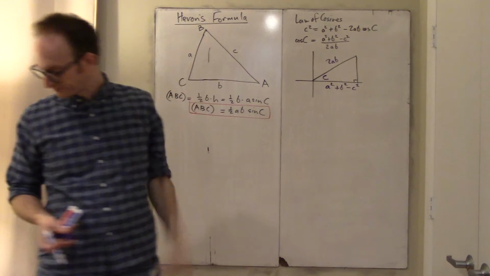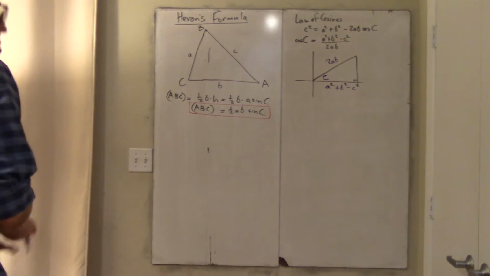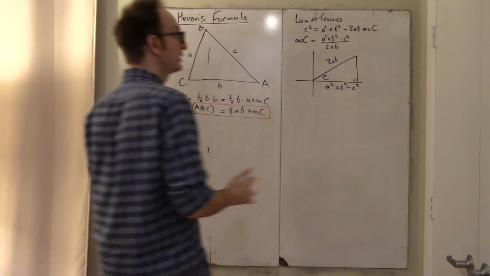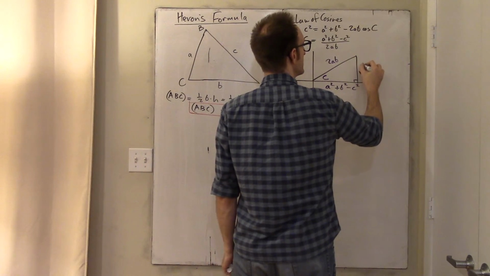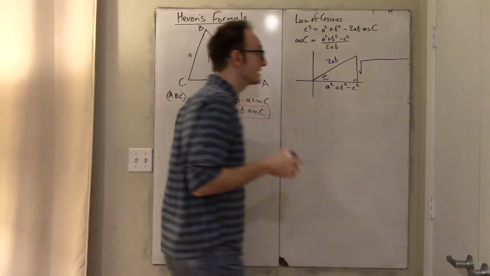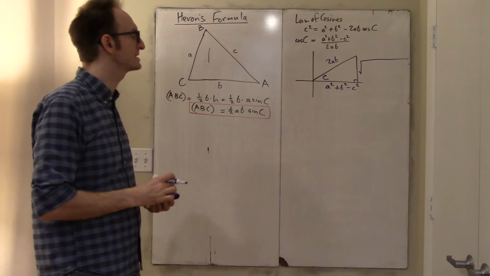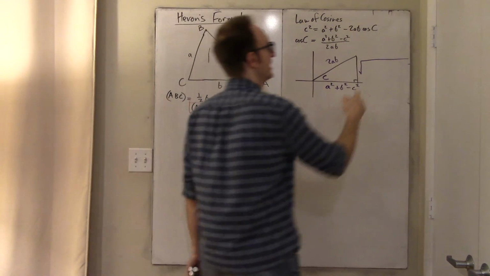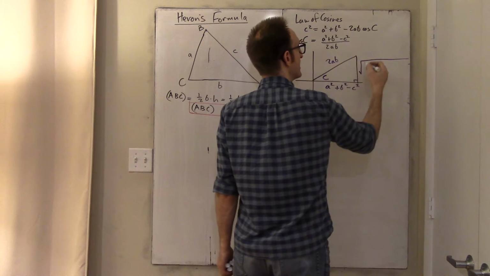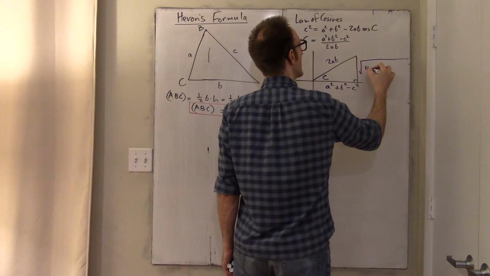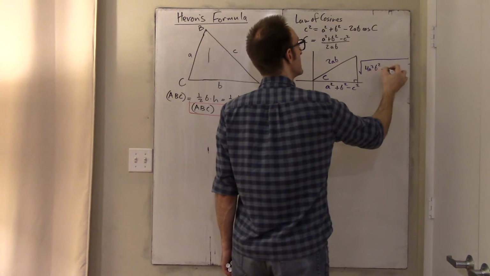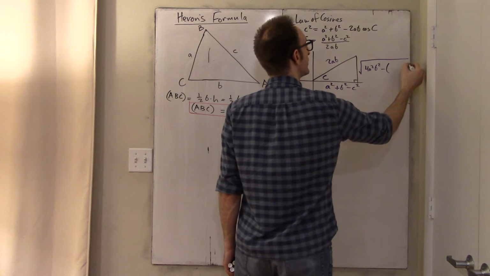And now I can compute via the Pythagorean Theorem the third side of this triangle. What's it going to be? Well, it's just whatever the Pythagorean Theorem says it is. So it's going to be the square root of 4a squared b squared minus this whole thing squared, a squared plus b squared minus c squared.